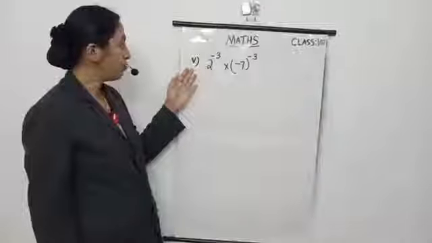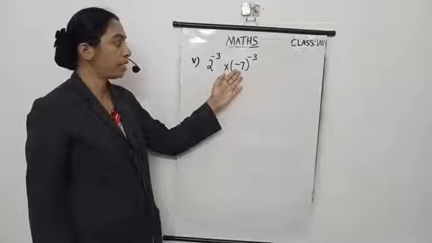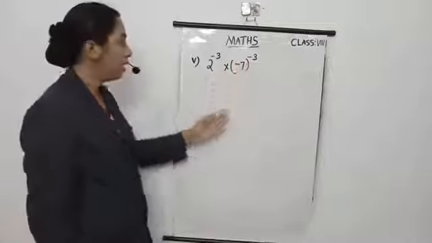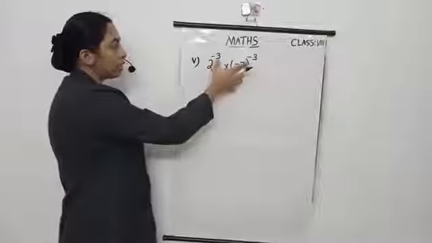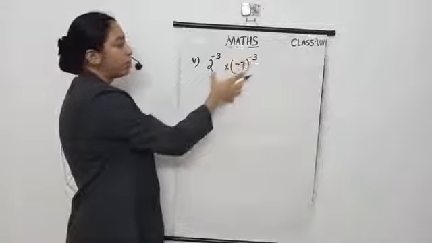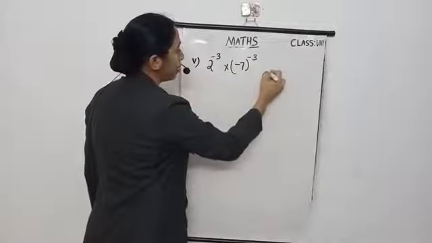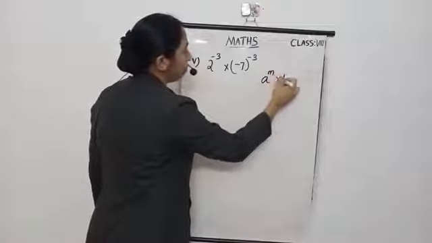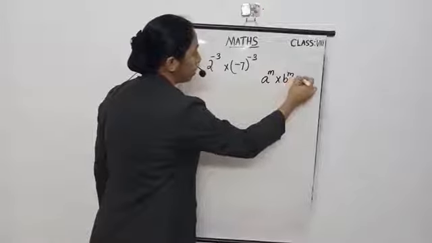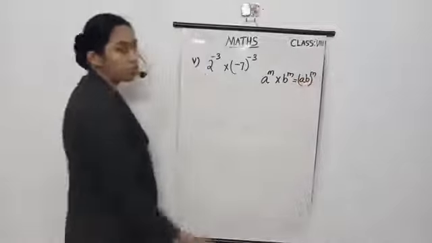Now sub question 5. 2 raised to minus 3 into minus 7 raised to minus 3. Now check here. Here both exponents are same. Bases different. So which exponent formula here do we use? a raised to m into b raised to m equal to ab raised to m. Understood?